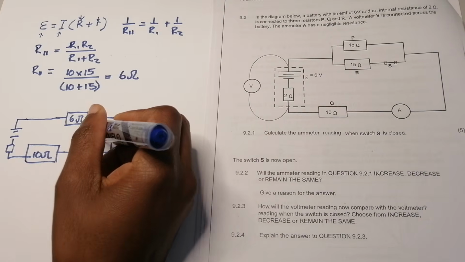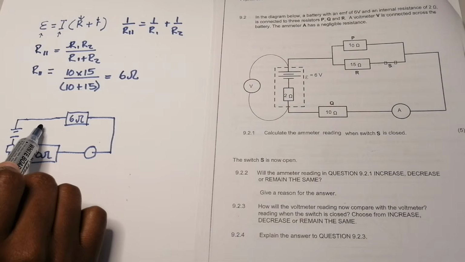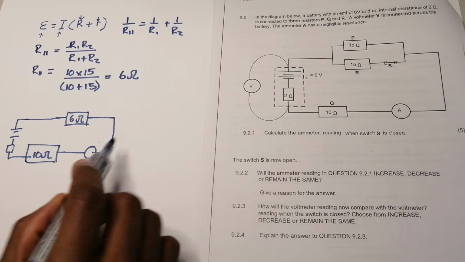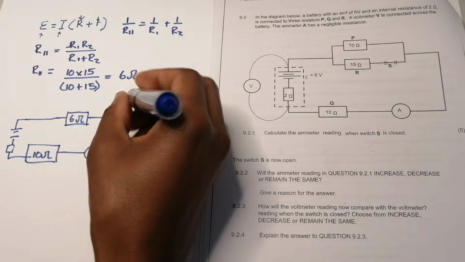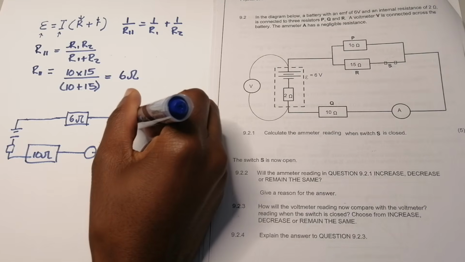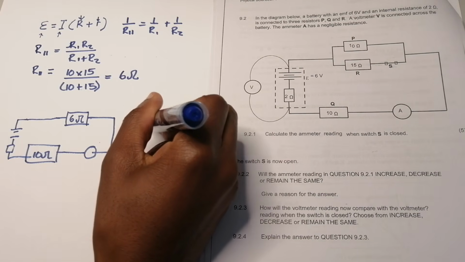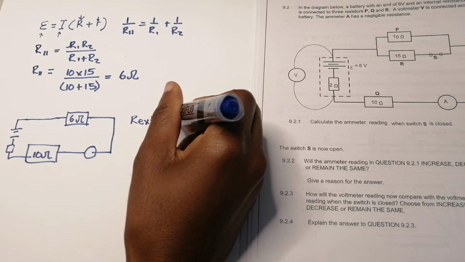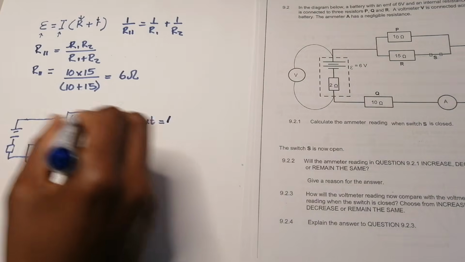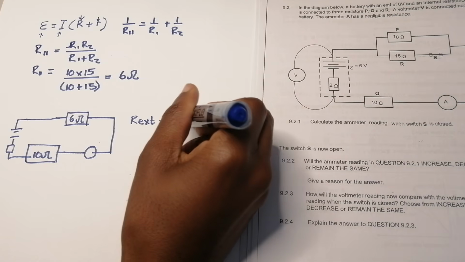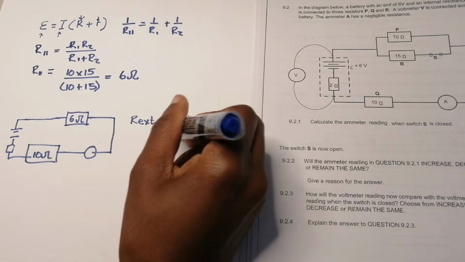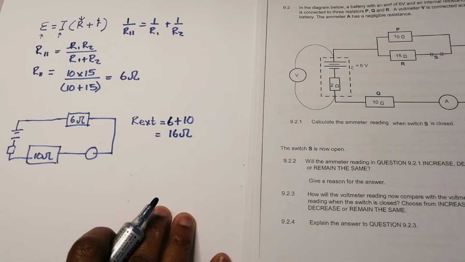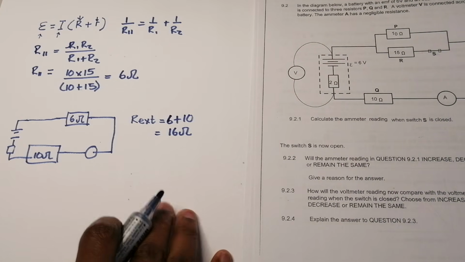Note once again, the total current flows through the 6 ohm and through the 10. So our external resistance will be the 6 ohm resistor in series with the 10, so it's 6 plus 10, and it means we've got 16 ohms.